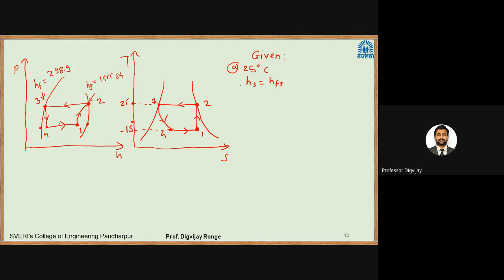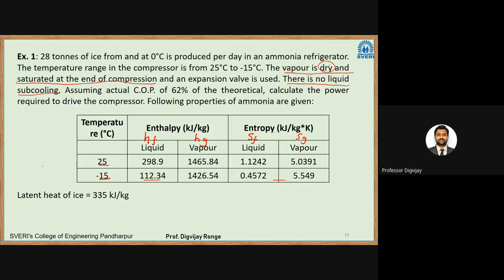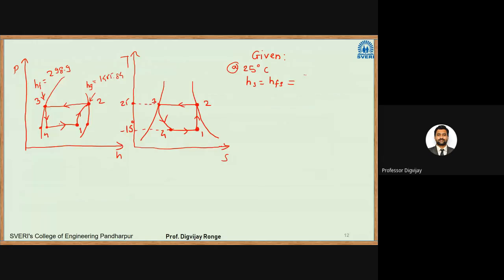The point 3 lies on the saturated liquid curve, so that value is the enthalpy of saturated liquid, HF3, which is 298.9 kilojoule per kg.